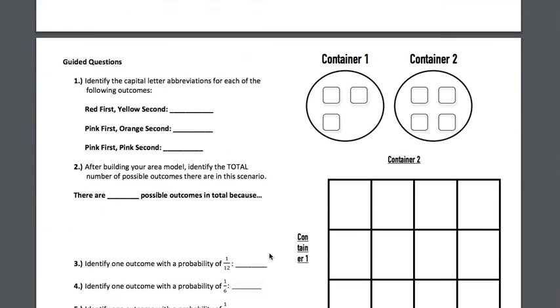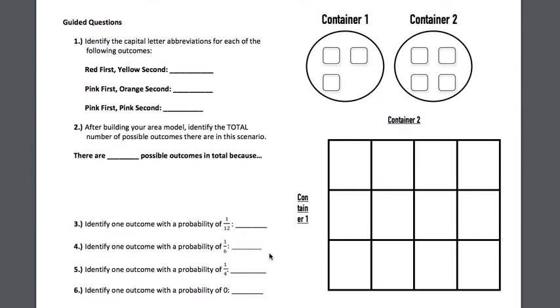So this would be your two containers. So you would color in the colors that you have in container 1, the colors that you have in container 2. So you're going to identify with the capital letters the abbreviations for these 3, and then over here do the rest of the possible combinations as well.